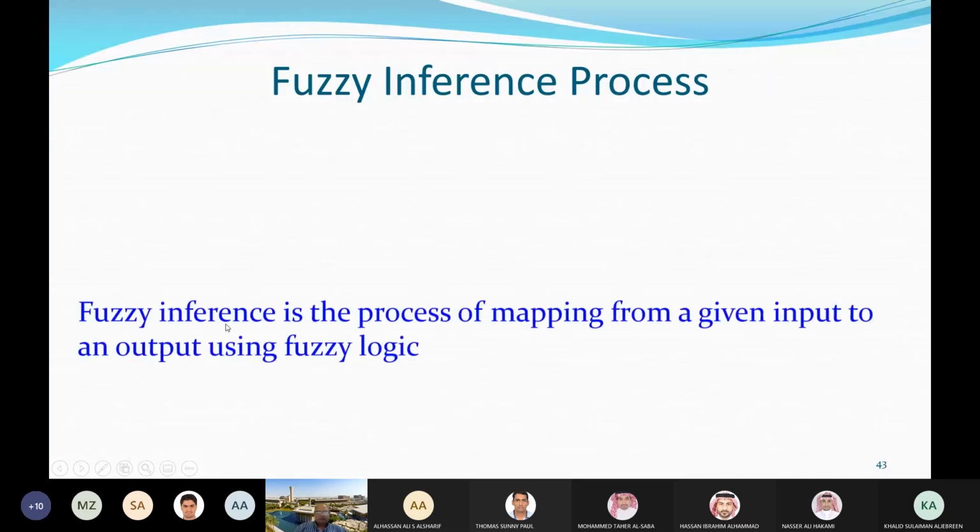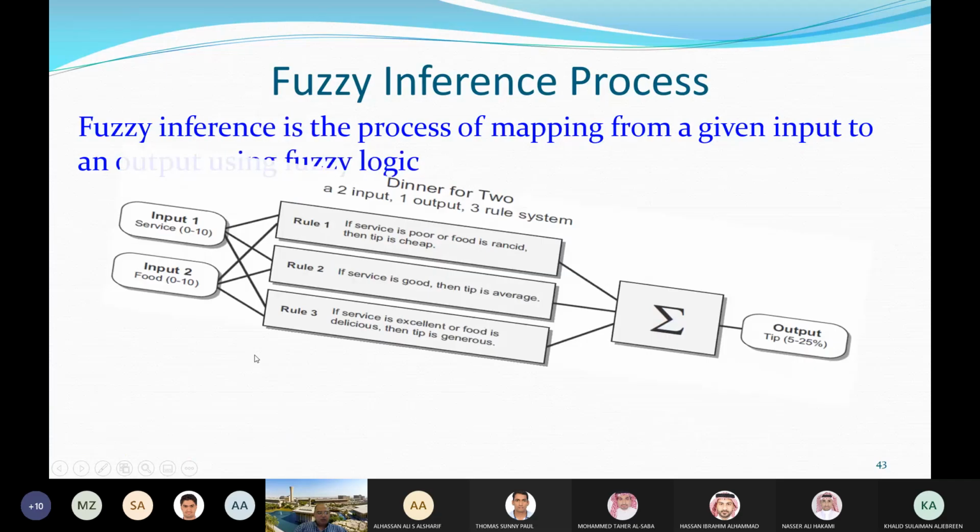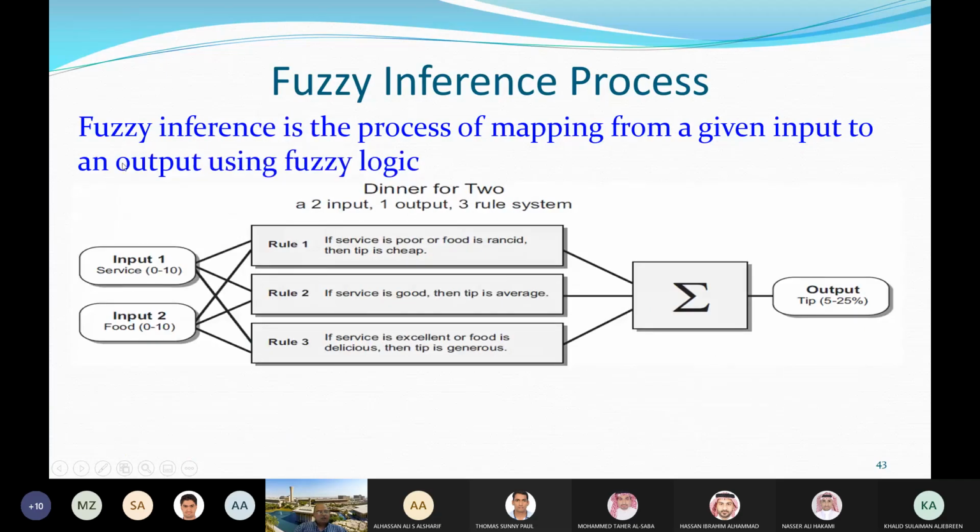Fuzzy inference process, as we mentioned here, fuzzy inference is the process of mapping from the given input to the output using fuzzy logic. Going back to the restaurant example, you have two inputs that you want to evaluate in order to get the tip, how much the tip.